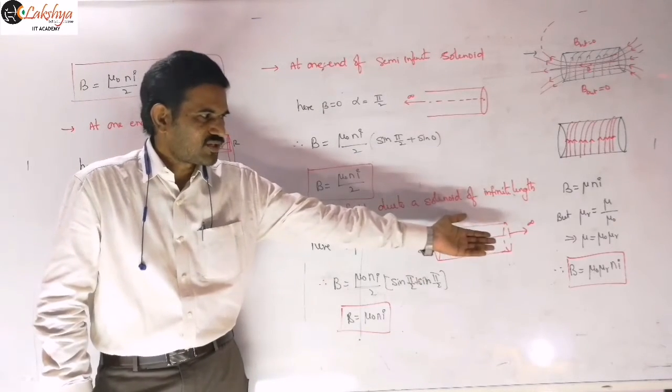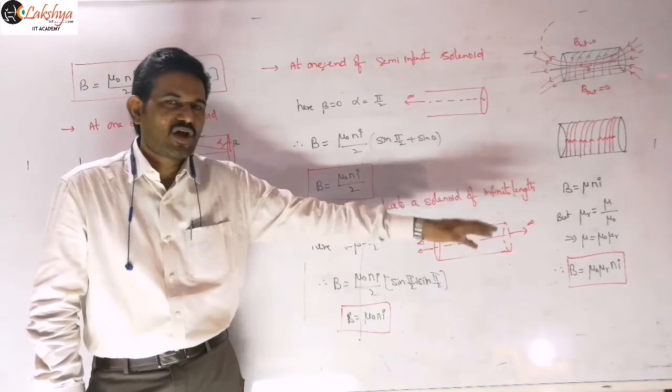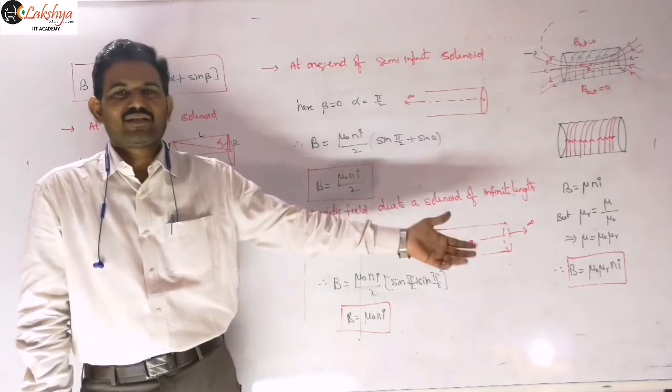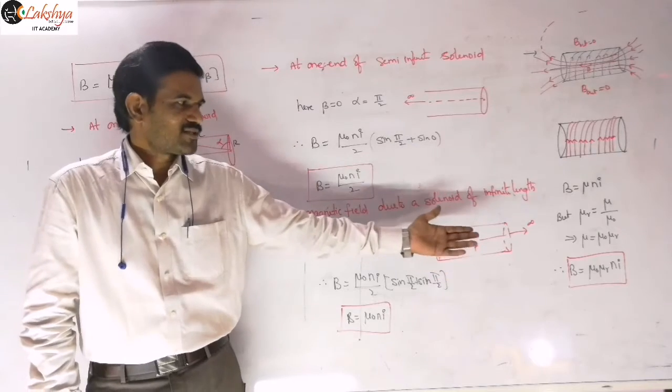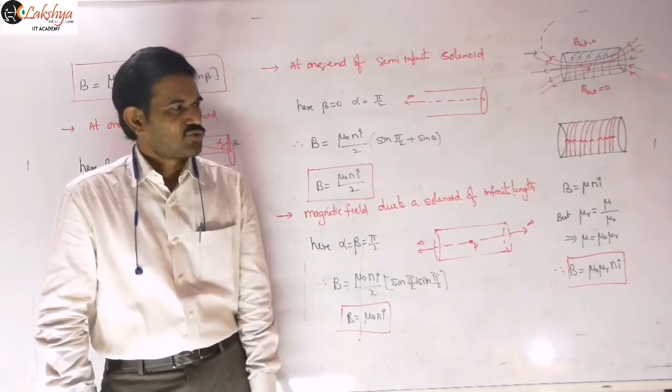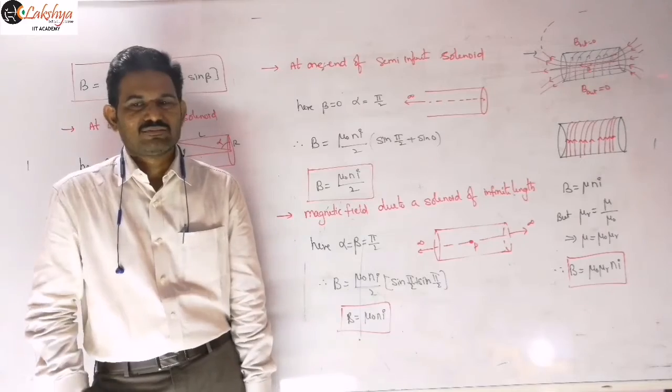Here you can observe the mathematical equation for how it increases the magnetic field. Since mu r is greater than 1, the magnetic field with the core will be greater than that without the core, right?